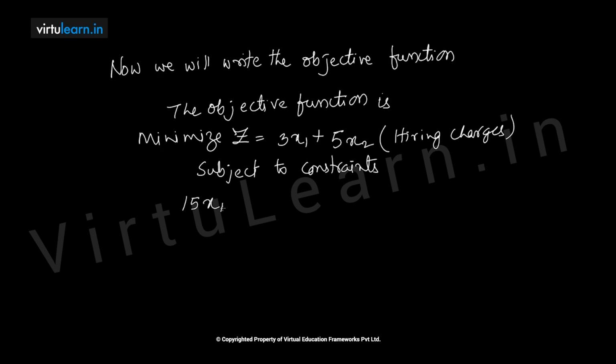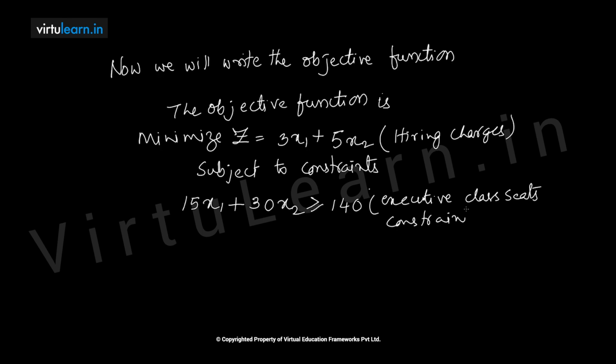That means x1 times 15 plus 30 seats available in R268, where x2 is the number of R268 planes, and the total should be a minimum of 140. This is the executive class seats constraint. That means minimum those seats.